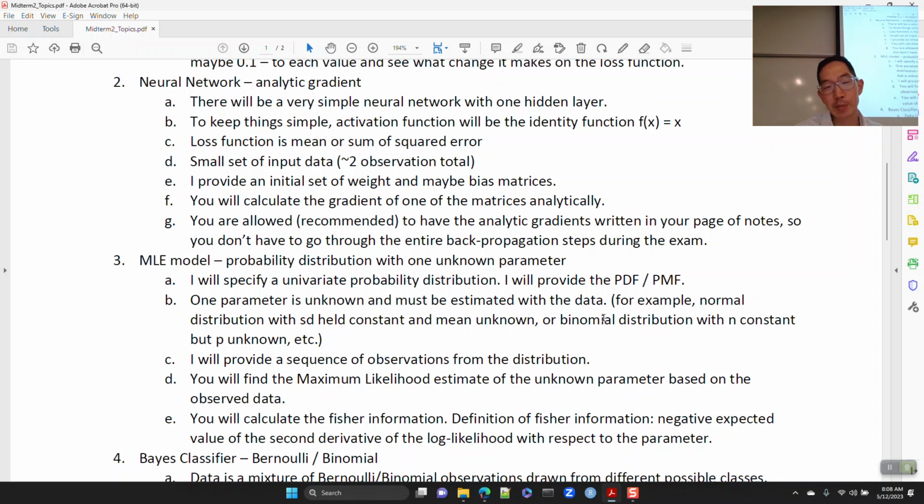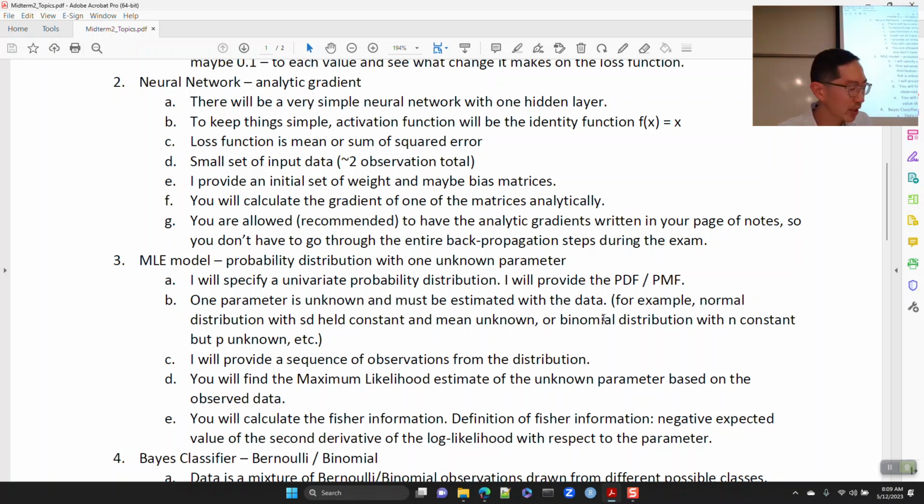We can have a maximum likelihood MLE question, and this one would be a probability function with one unknown. I'll give you a univariate probability distribution with basically one unknown parameter.